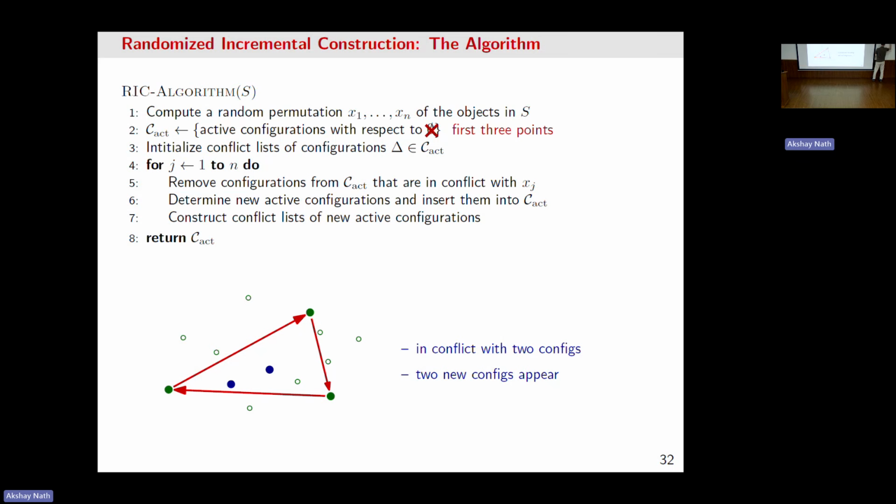This was my convex hull. The new point is outside. So all these edges disappear and they get replaced by these 2 new edges. So here you see that now many configurations can disappear, but we only add 2 in this example.